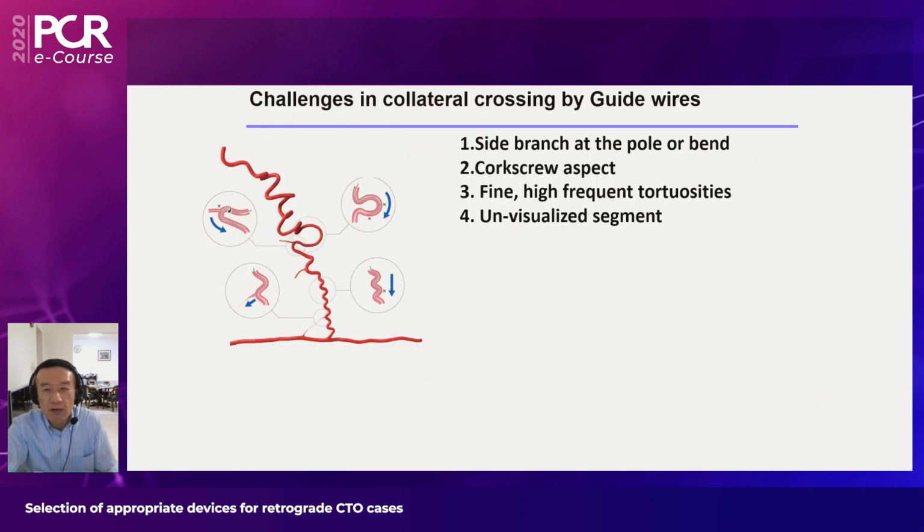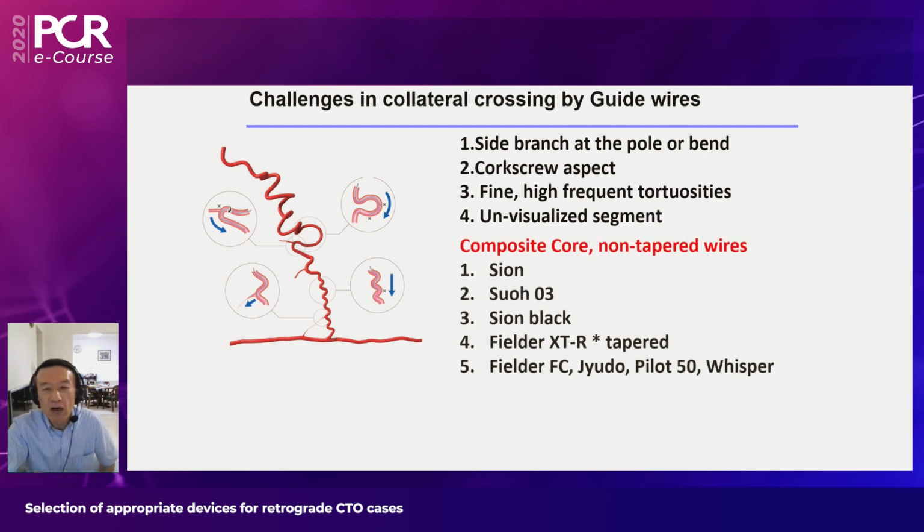Collateral crossing by guide wires is a big challenge if you dichotomize those anatomical problems. You have to deal with the side branch at the pole or bend, the corkscrew aspect, or the fine high-frequency tortuosity in a poorly visualized segment. What do we choose for the guide wire next?